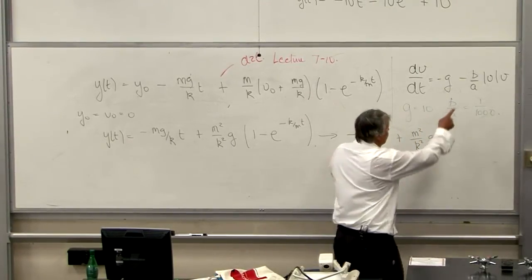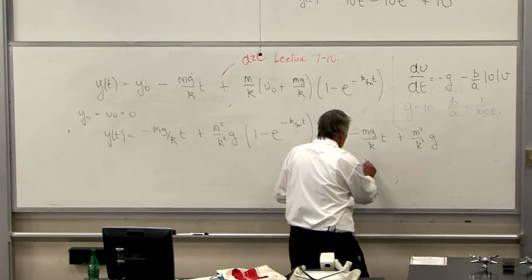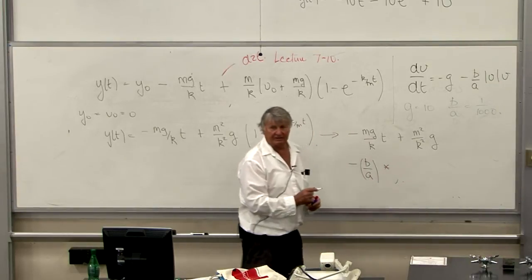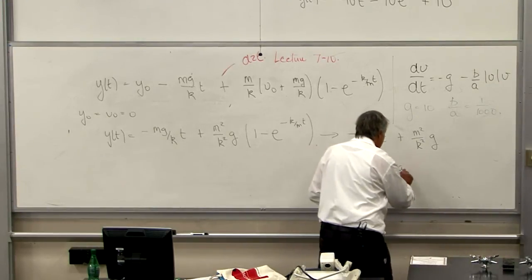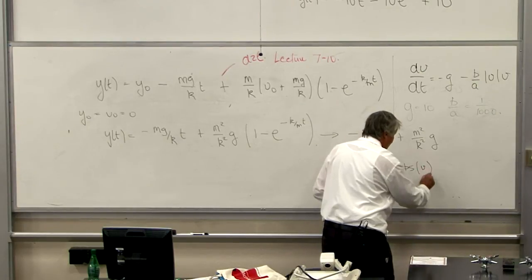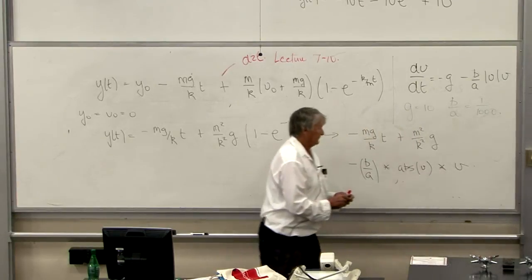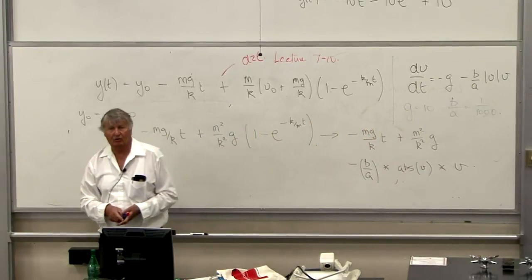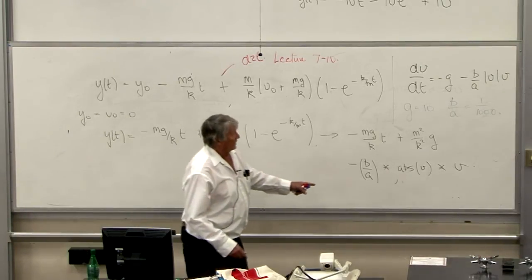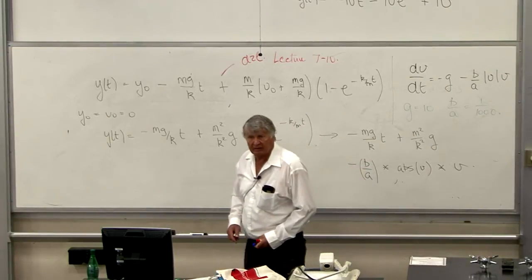So you would write this guy here as minus whatever the b over a is, times your little asterisk, times abs v, or it'll be y in this case, times v. That's the way you would write that in the program. Don't forget them little asterisks. Right? Now you can see how this behaves.